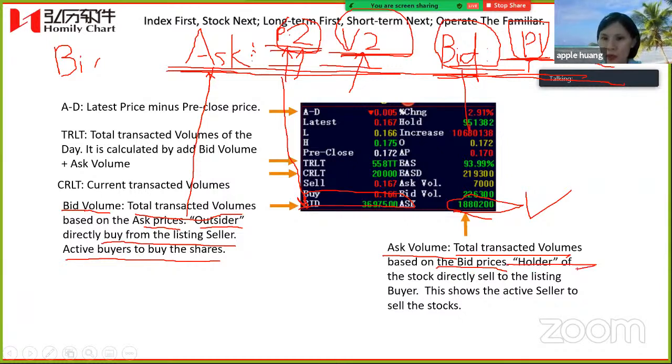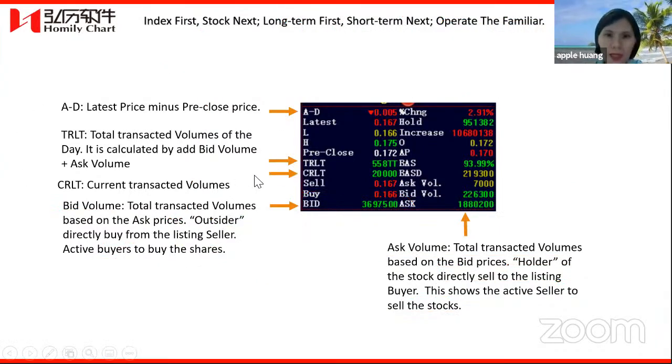So the holder sells directly to the listed buyer, showing active sellers are selling the stocks. If the bid volume is higher, that means more buying power, the buying is stronger. If the bid volume is less than the ask volume, then there are more sellers for the stock. I hope you understand the logic.